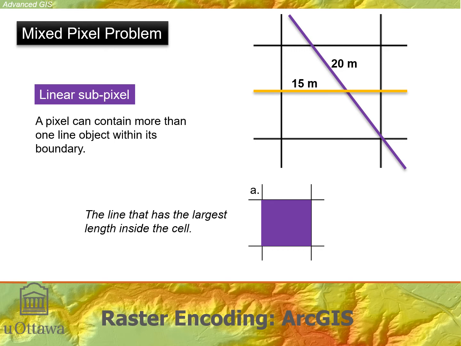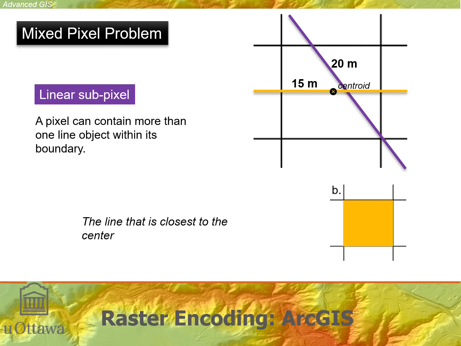In this case was A, the purple line, because it's 20 meters. Alternatively, if we use the centroid method, we would have B being represented by that cell. So that cell would become part of the line feature B, or yellow, just because yellow is closest to the center. And again, we would lose the ability at that point to know or have represented the largest object within the cell.